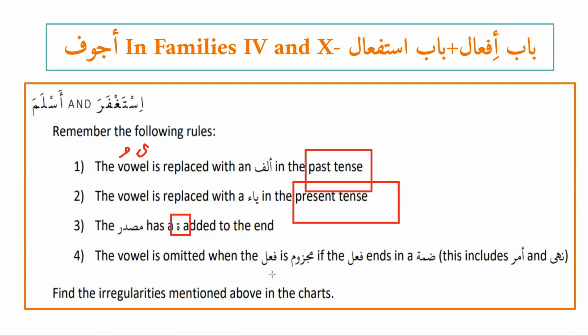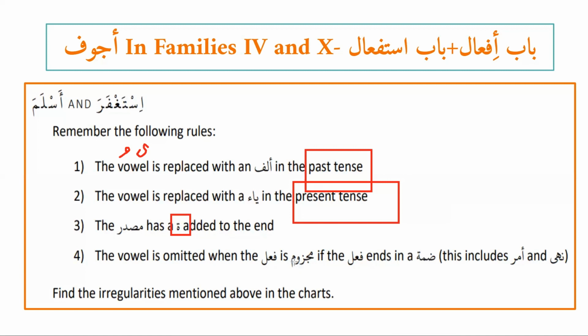And there is another change in fail amr, the commanding fail. Actually, it is in the majzoom form. So fail amr, fail nahi, and the lightest form of fail mudare. The vowel is omitted when the fail is majzoom, the lightest.